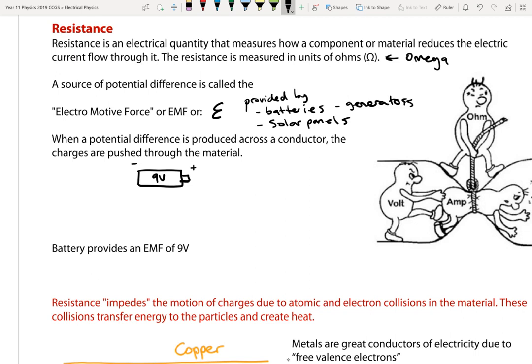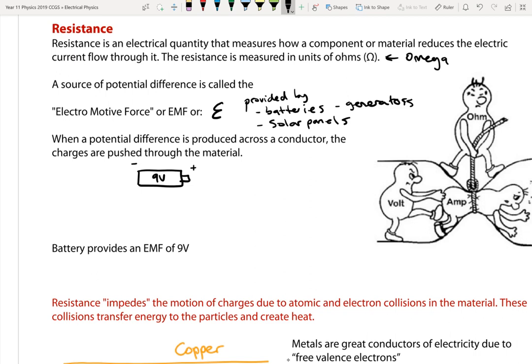You could say that every coulomb of charge that travels from that side to that side loses 9 joules. You could also say that each electron that passes from one side to the other loses 9 eV. Or if we want to convert it into joules, we times it by the fundamental charge, and it would be 1.2 times 10 to the negative 18 joules.